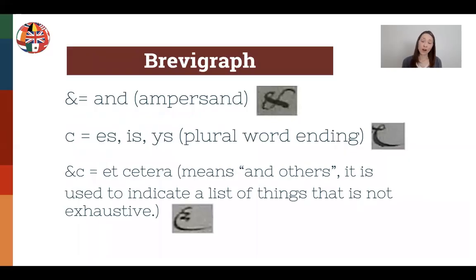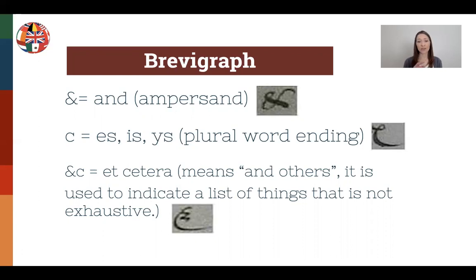All right, brevigraphs are symbols, basically, that take the place of two or three letters and kind of just made it shorter, I guess, for people to write. So the first one is and, or ampersand, which we've already talked about. The next one is C at the end of a word, and it is an ES, IS, or YS plural ending.